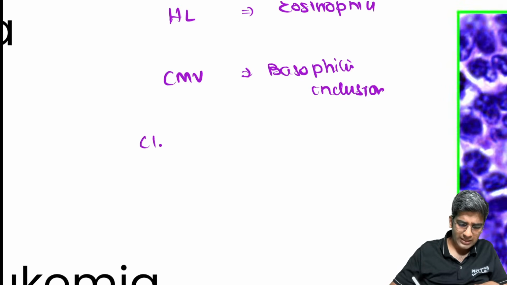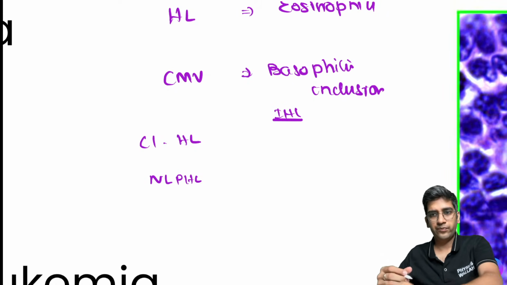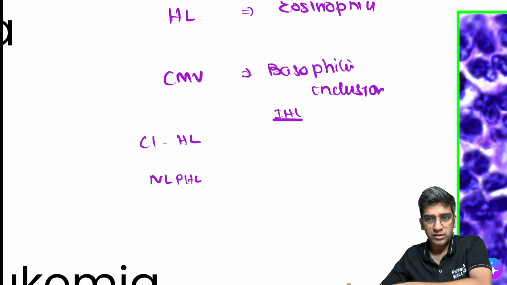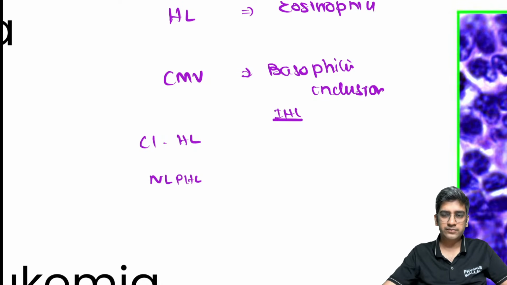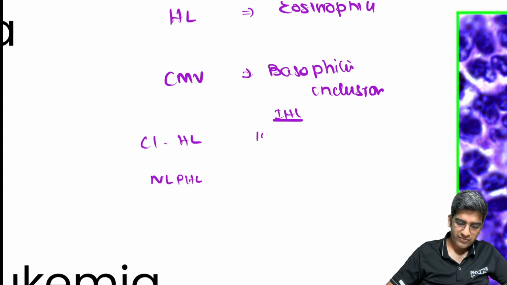We divide them into classical Hodgkin's lymphoma and NLPHL, right? Can anyone tell me the IHC marker for classical Hodgkin's and IHC marker for NLPHL? Exactly right, Shivakumar. IHC for classical Hodgkin's is CD15 positive, CD30 positive.